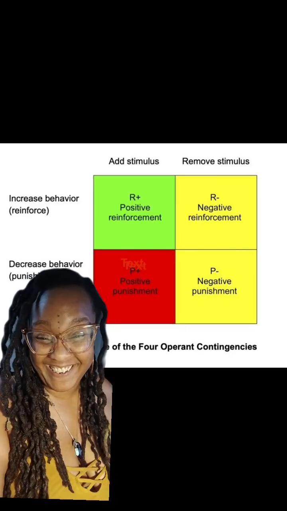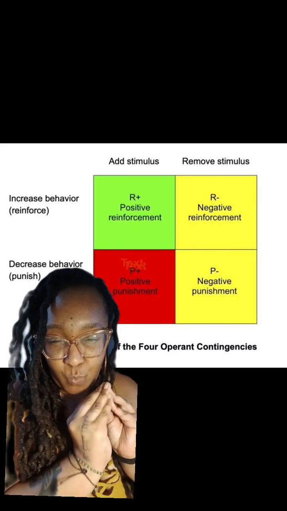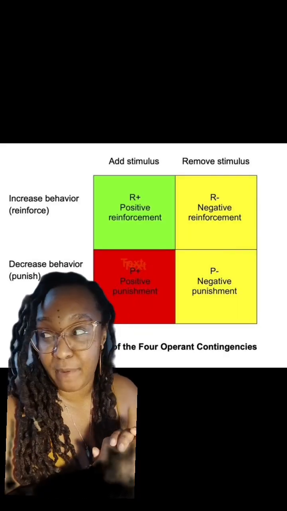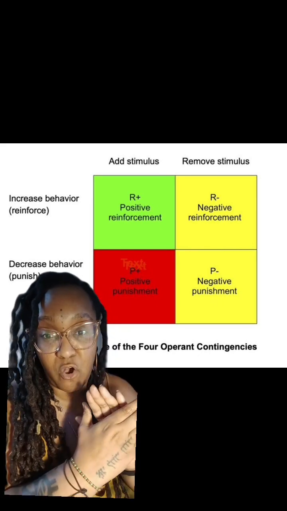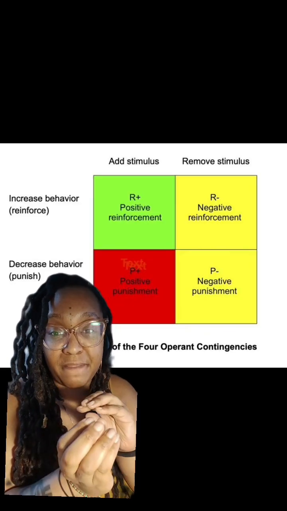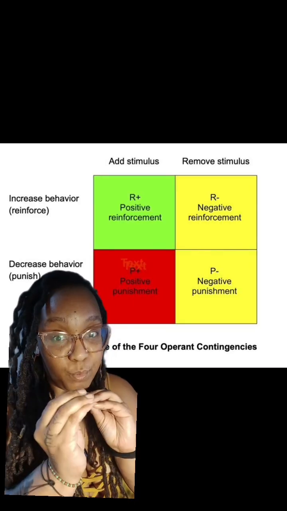All right, so negative reinforcement is hands down the trickiest one to explain, but I'm going to do my best. Negative reinforcement involves removing the unpleasantness of something, removing something that the child probably doesn't want to do, but they're going to do it so they can get the reward, right?